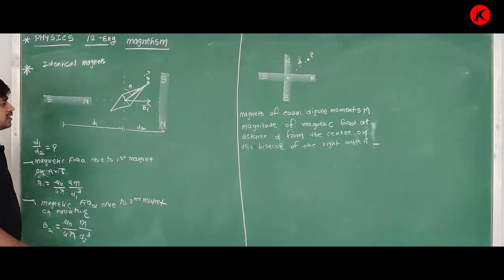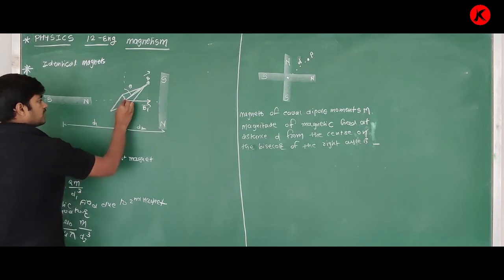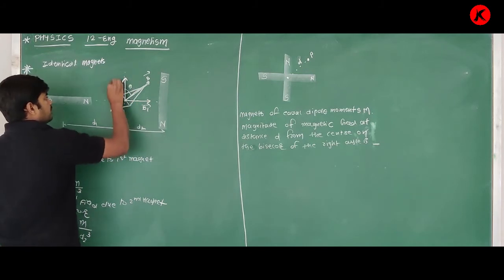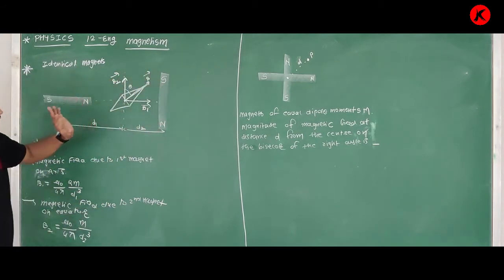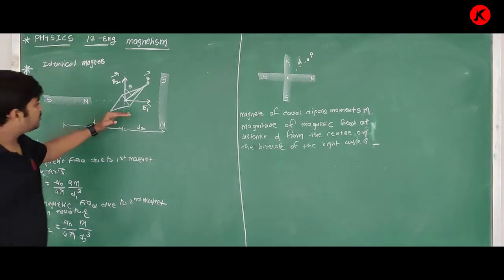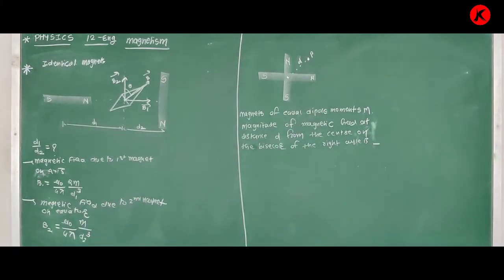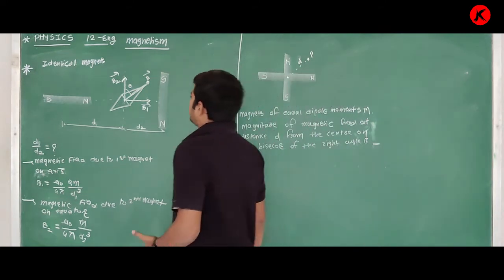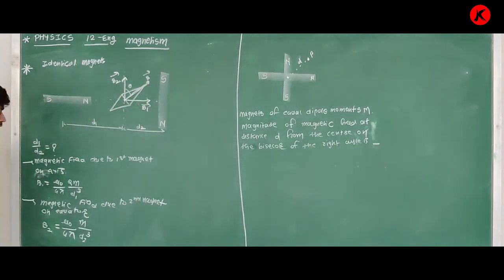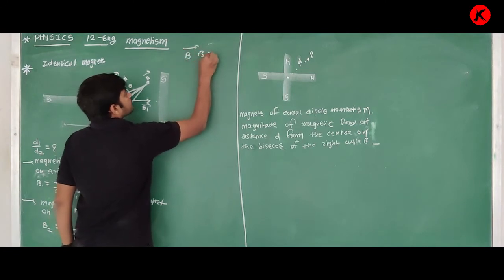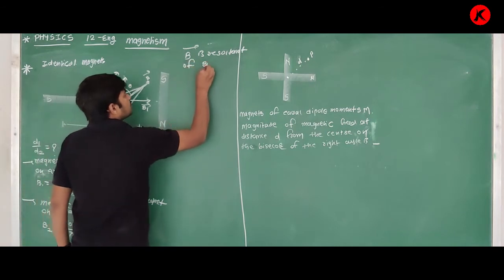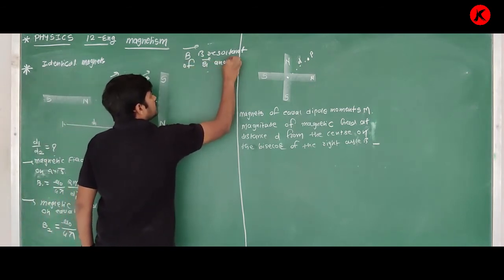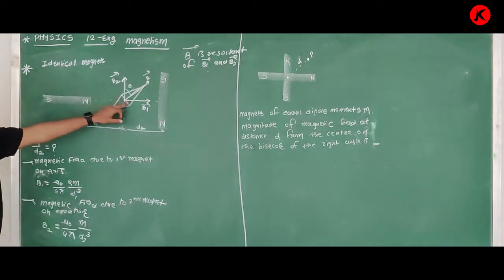As we have discussed, the direction of the magnetic field on the equator is opposite to the magnetic moment. It is in this direction, from north to south. So the directions of B1 and B2 are shown in the figure. Now we know that B is the resultant of B1 and B2, and this B makes angle theta with B2.